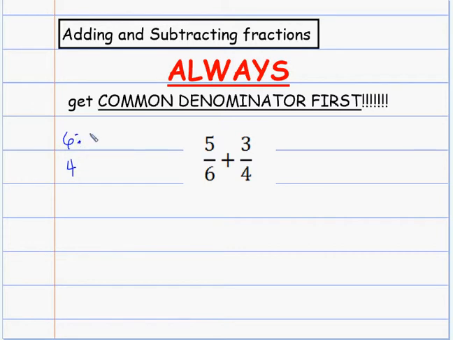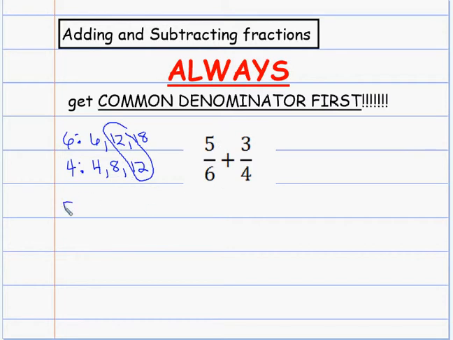If I make a list, 6, 12, 18, and multiples of 4: 4, 8, 12. Look at that, 12. Maybe you can see it's 12 right away, but if you can't, either make a list or use the prime factorization example we'll get to in a minute.